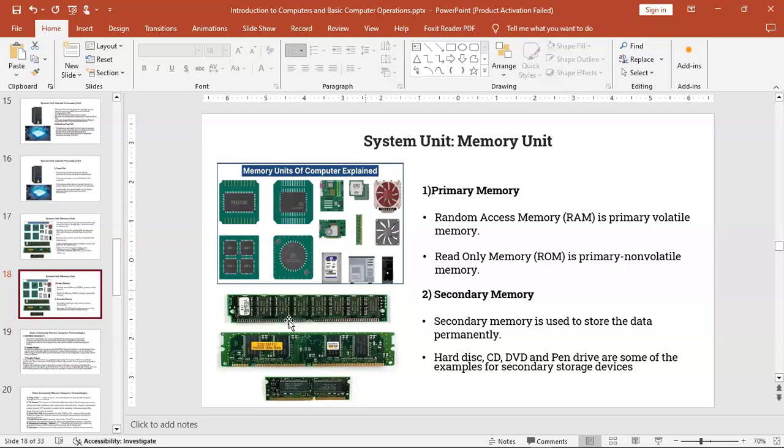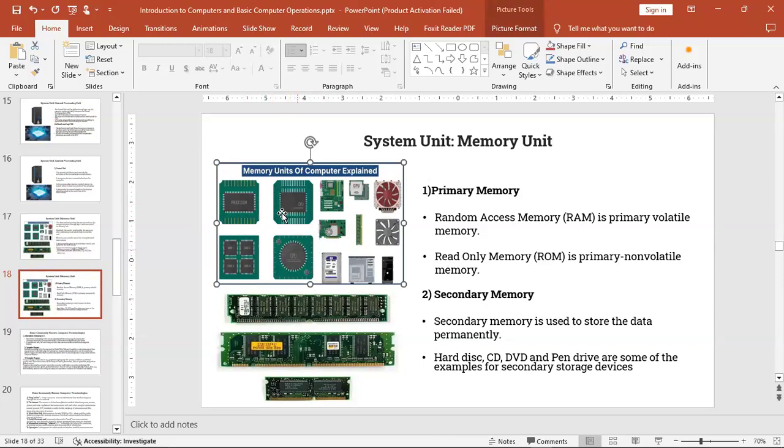Please look at this diagram beside here. You see this first diagram, right? Look at these little chips, these little square-shaped objects.